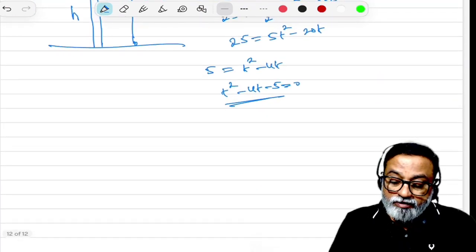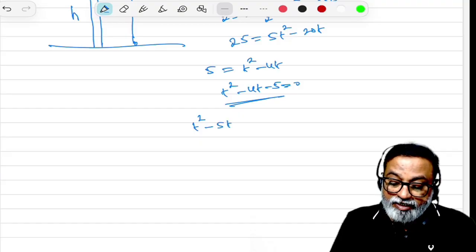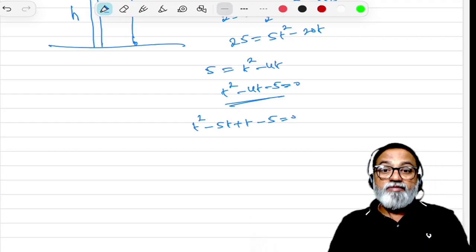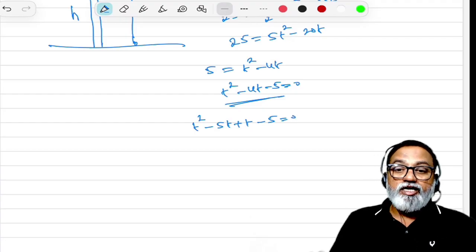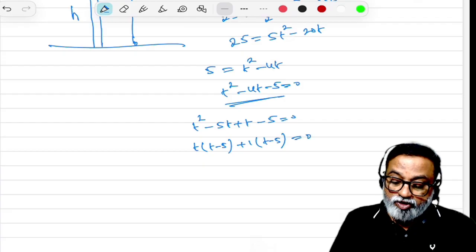See here, this t square minus 4t I am writing as t square minus 5t plus t minus 5 is equal to 0. See, minus 5t plus t is minus 4t. Here t common, this becomes t minus 5, and plus 1 common, t minus 5 is equal to 0.